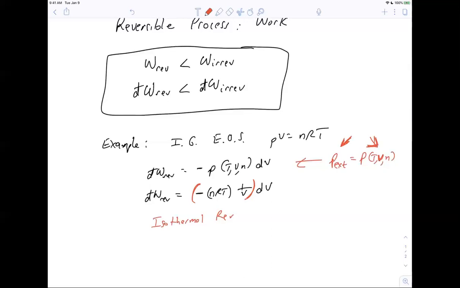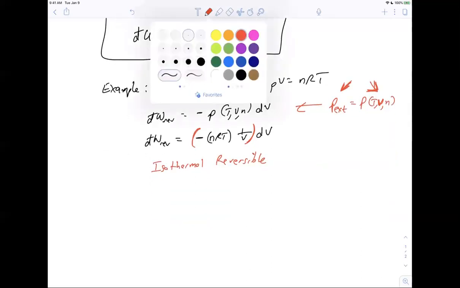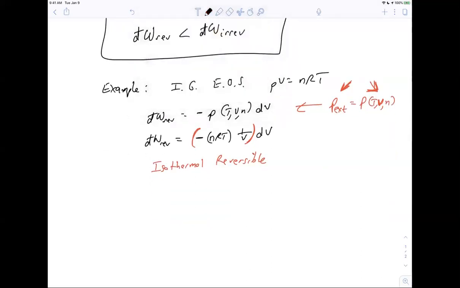We saw that, remember, when we go really, really slow in terms of a compression, the external pressure is always differentially different than the system equilibrium pressure. So for an isothermal reversible process, going back to our calculation of work, we know that in our integrand, which is given in the red parentheses, the temperature is a constant because it's isothermal.